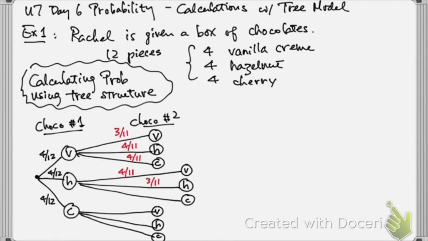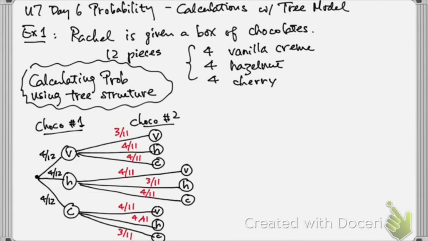And for cherry, because there's still 4 pieces of cherry left, it's 4 out of 11. And similarly, in the case of her choosing a cherry in the first event, the chance of choosing vanilla is going to be 4 over 11. Choosing a hazelnut, also 4 over 11. And then choosing a cherry would be 3 over 11 for the same reason that I mentioned earlier.